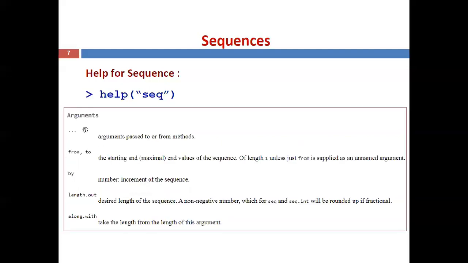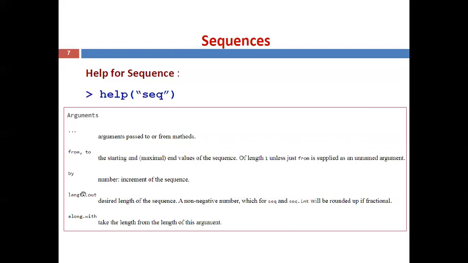Then some more details about the arguments of the sequence function. These are arguments passed to or from methods. from and to are the starting and the maximum end values of the sequence, of length 1 by default unless just from is supplied as an unnamed argument. Then by is the number increment of the sequence.